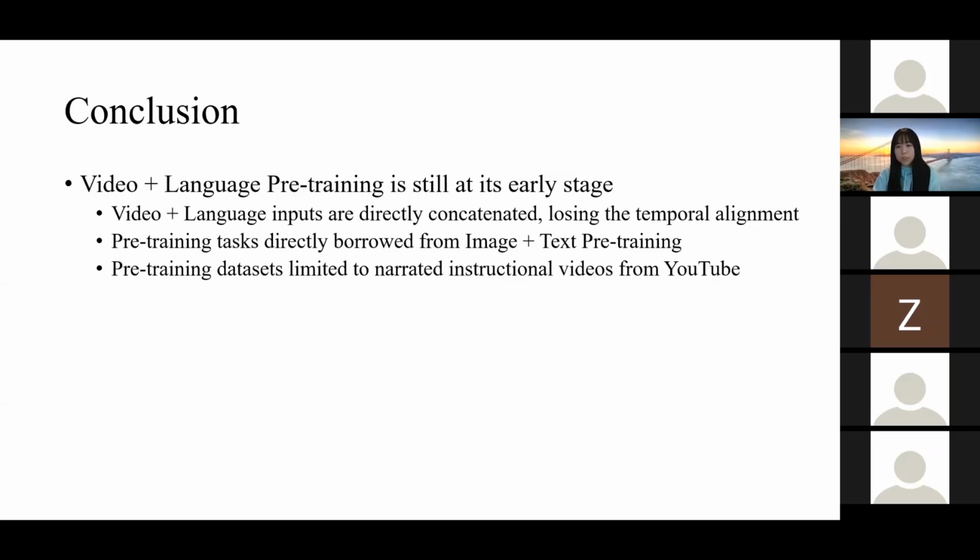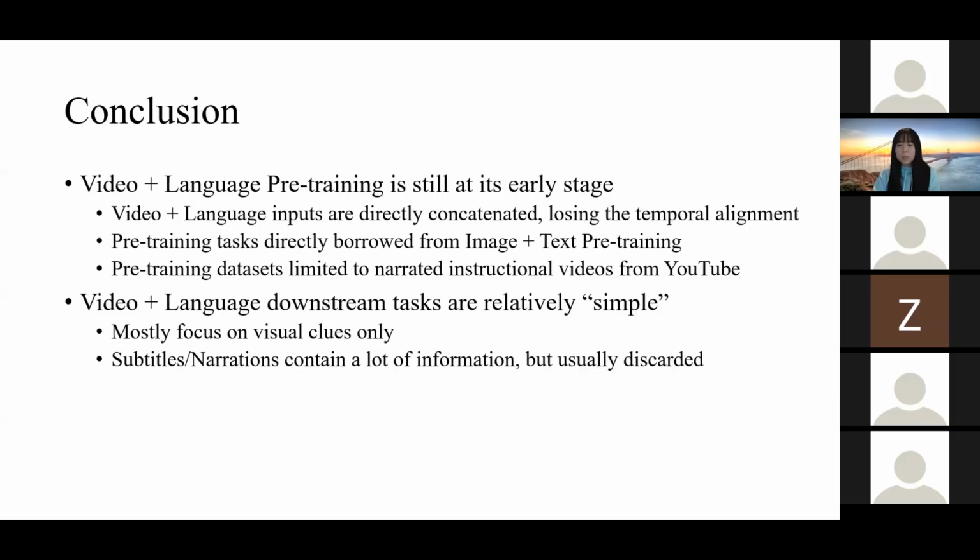Third, pre-training datasets are limited to narrated instructional videos from YouTube. Also, video plus language downstream tasks considered in these works are relatively simple, as they mostly focus on visual clues only. Subtitles or narrations contain a lot of information, but are usually discarded.